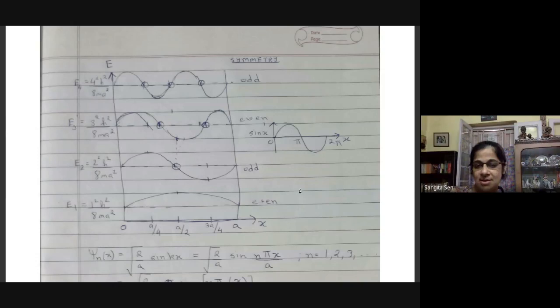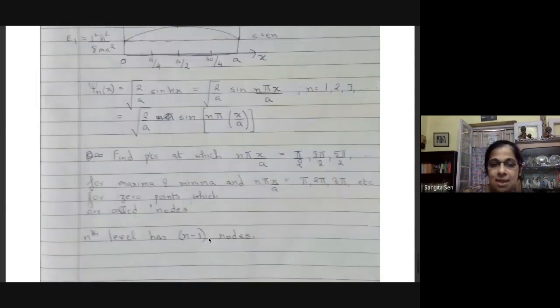It has the reflection symmetry, so it's even. Then you have the second one, which is anti-symmetric, so it flips sign when you reflect it, and then the next one again is even, and then this one is again odd. Okay.